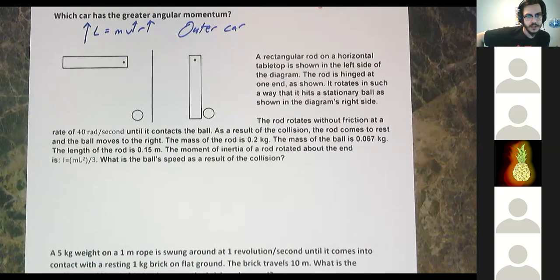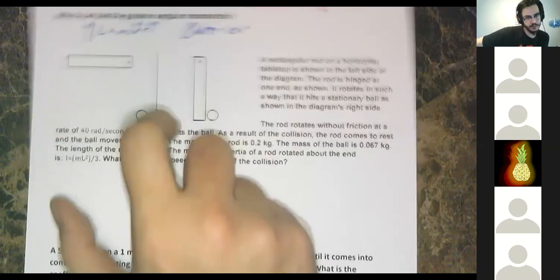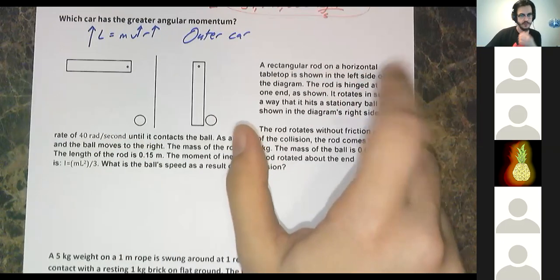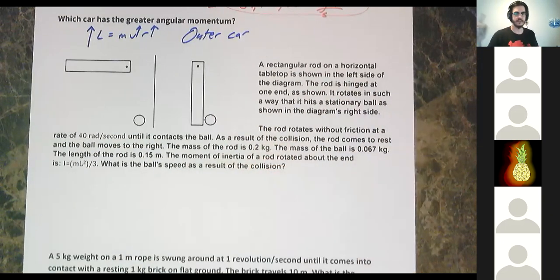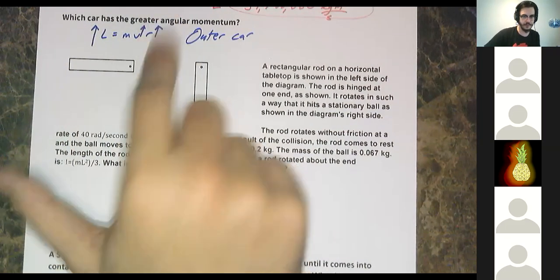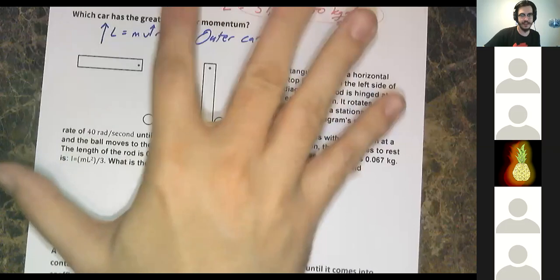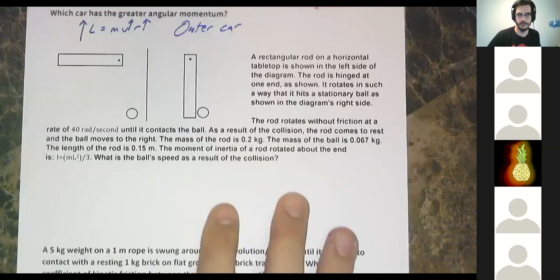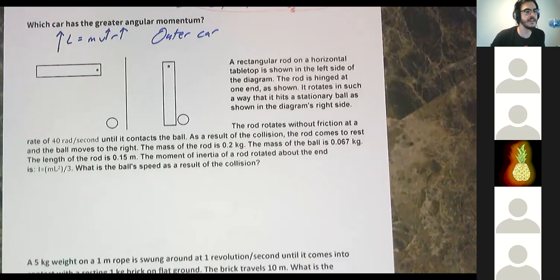Now, the drawing seems to indicate downward motion, but it says right here, this is a horizontal tabletop. So this is spinning horizontally. Imagine this flat on the paper, as opposed to the paper being like, this is up and this is the ground. This is on the plane of the paper. The nice thing about that is we don't have to worry about gravity.